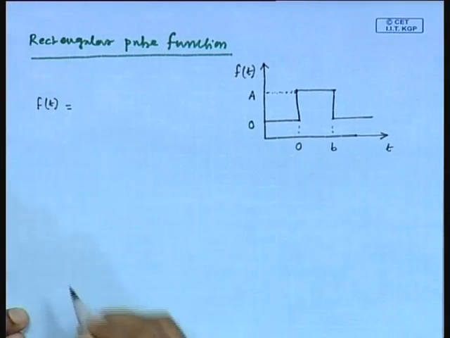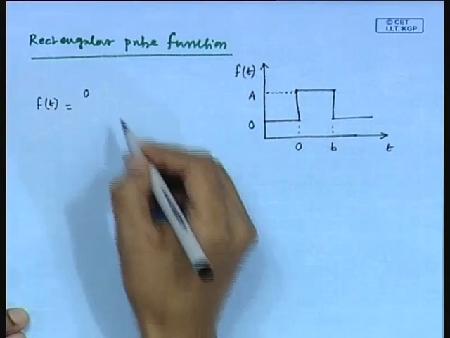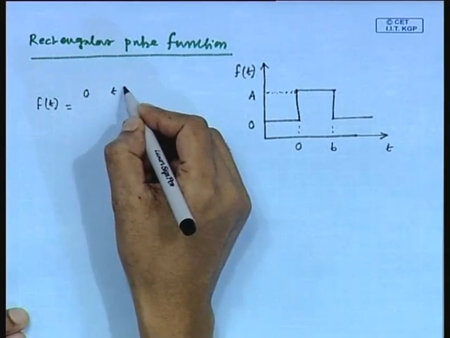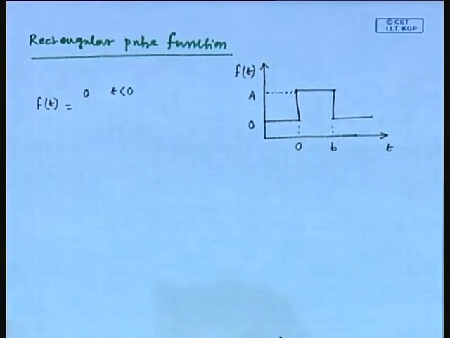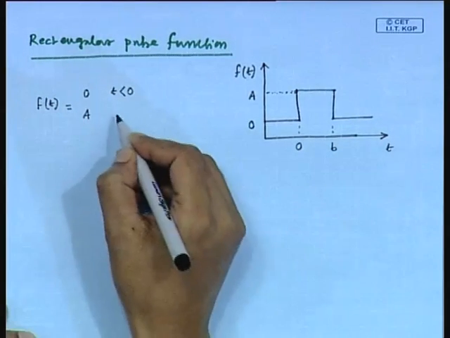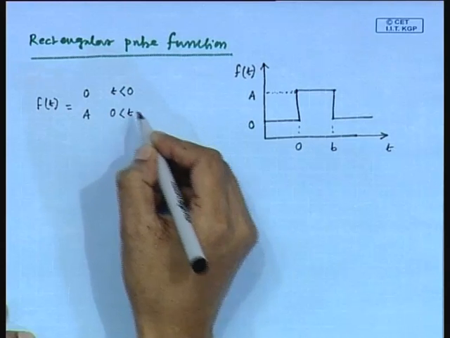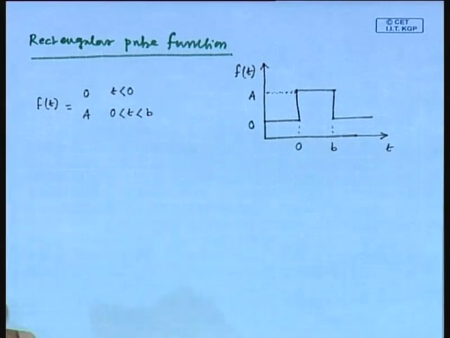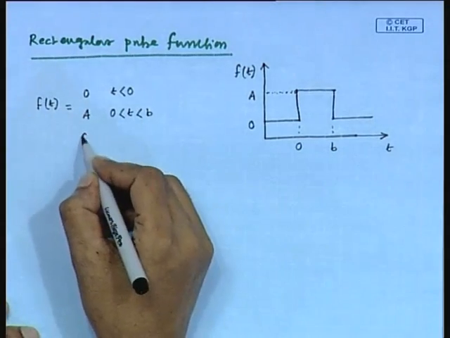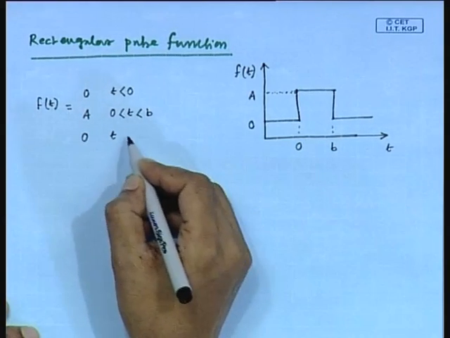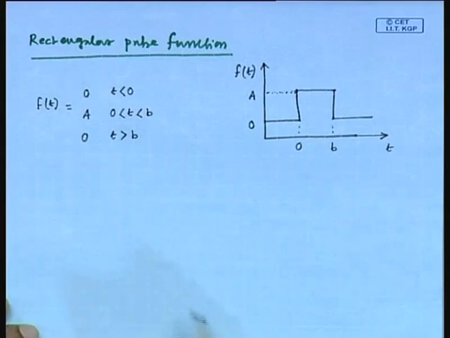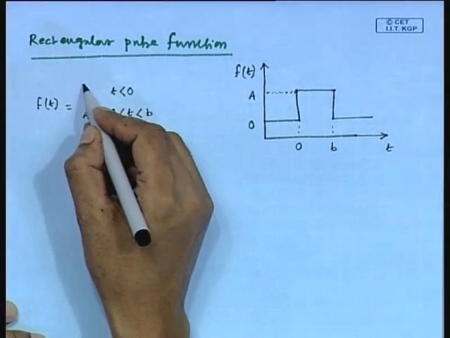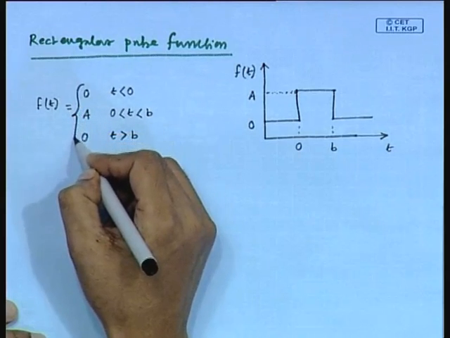F t equals to 0 when time t is less than 0, f t equals to a when time is in between 0 and b, and again this is 0 when time is greater than b. So, this is the mathematical representation of this pulse function.